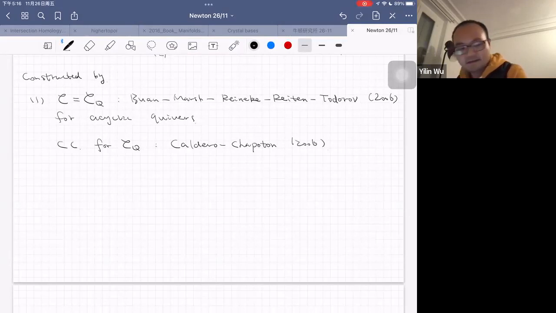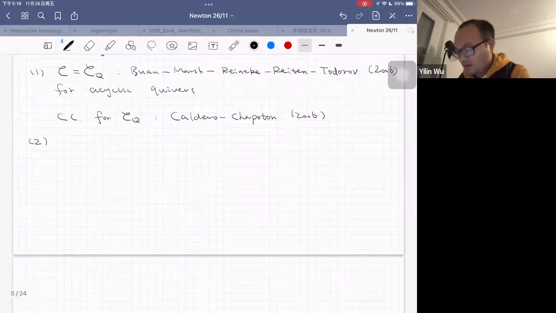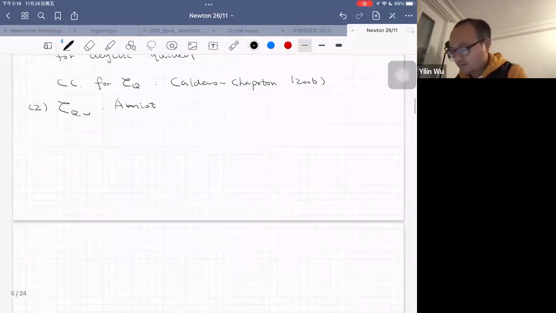More generally, for a quiver with potential, it is constructed by Amiot in 2009.